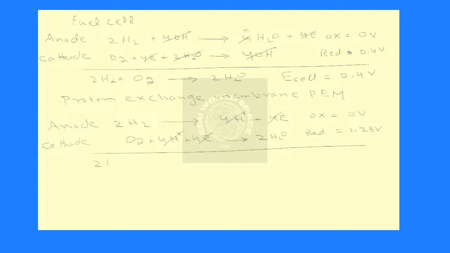So we can say two hydrogen molecules react with an oxygen molecule, forming two water molecules, and the overall cell potential is equal to the sum of the oxidation and reduction potential, which is 1.23 volt.